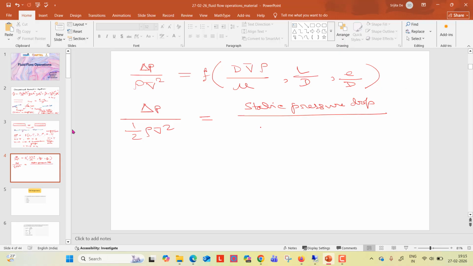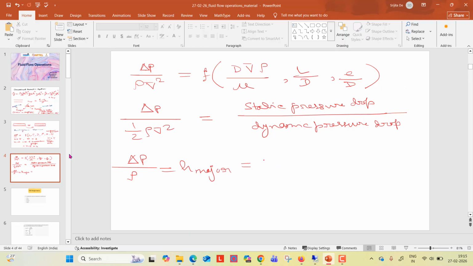And the bottom one is the dynamic pressure drop. And we have seen previously that delta P by rho is the major head loss. So now how can we define this?